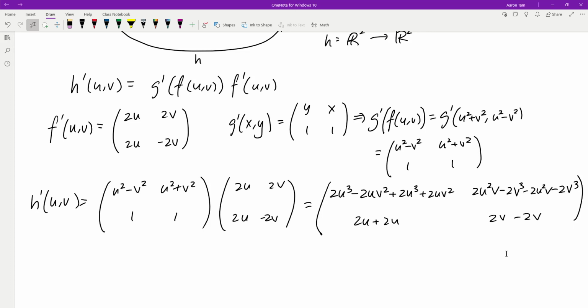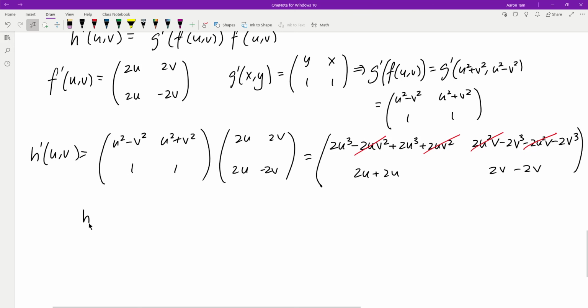So here, definitely don't write this in the answer, because you notice that minus 2uv squared and plus 2uv squared cancel out. And 2u squared v minus 2u squared v, they also cancel out. No reason to write them when they cancel. So therefore, it seems to me that this is probably the answer that I'm looking for.